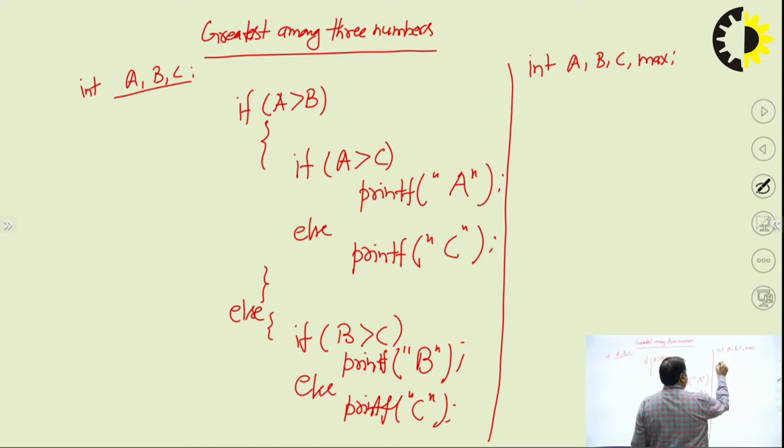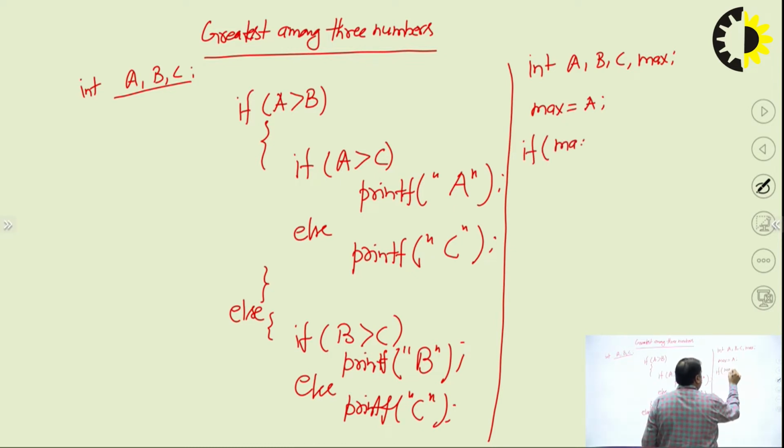So, we can simply do one thing. Let us start with the A. So, let us have max equals A. We have taken that A is the maximum. So, let us check if max is greater than B, then what we need to do?